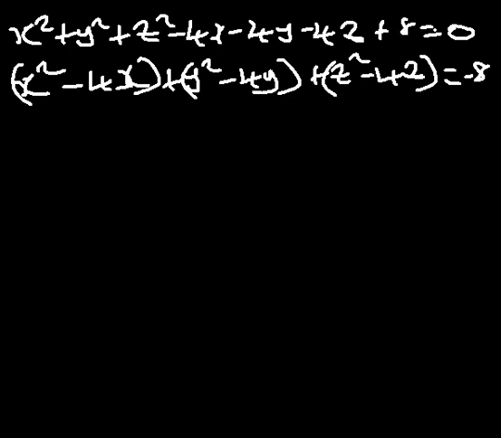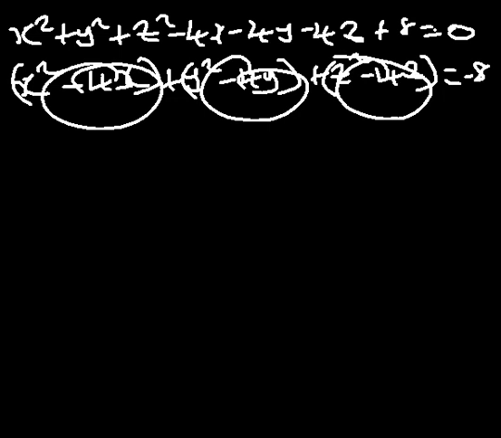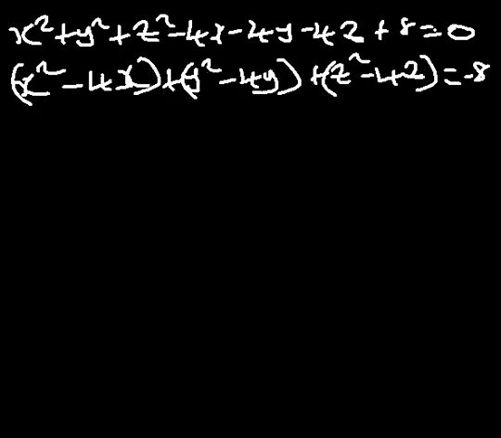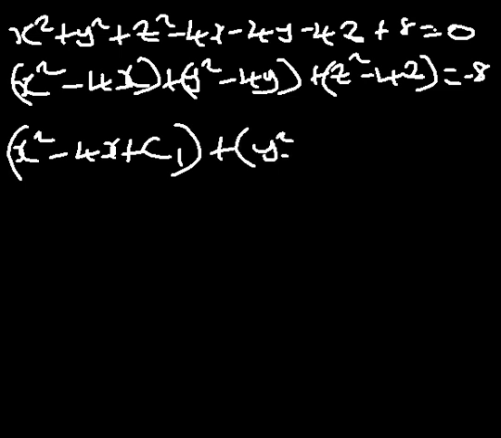Now, in these three families, if we compare with a quadratic expression, what is lacking is the value of the constant, which is c. So we have to indicate that the c's are missing in these families. So we'll have x squared minus 4x plus c1, that is the c for the x family, and plus y squared minus 4y plus c2, that is the c for the y family.